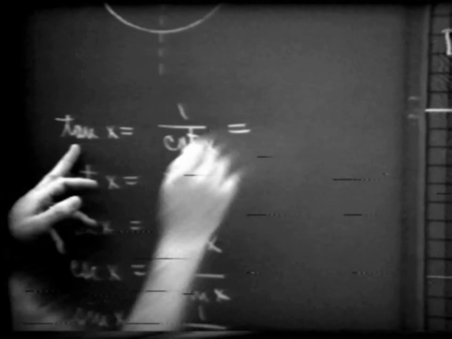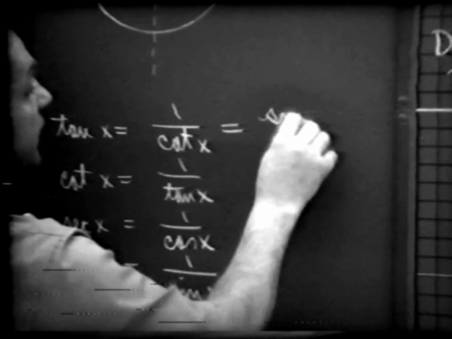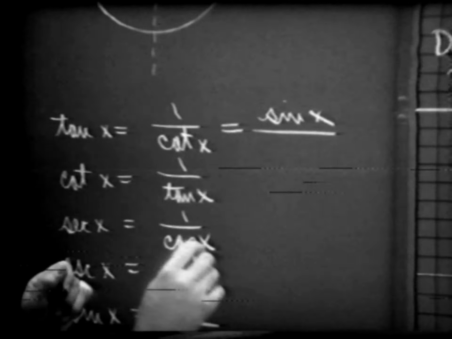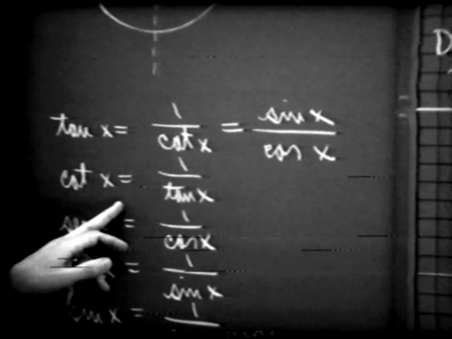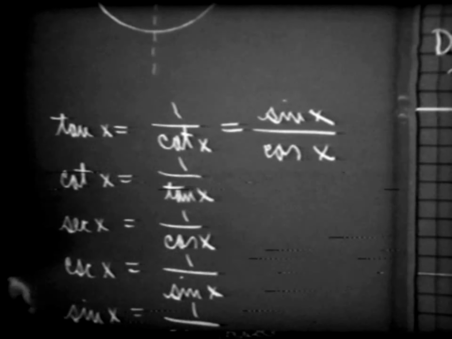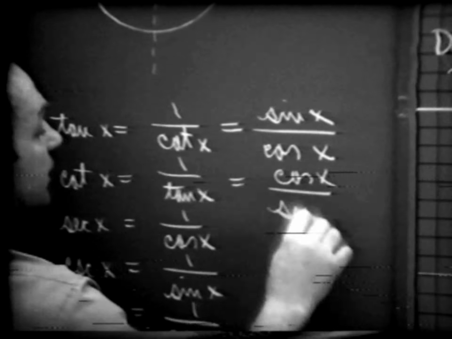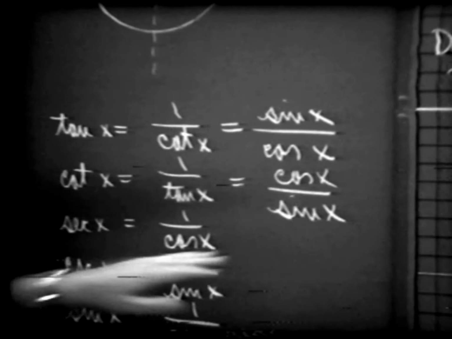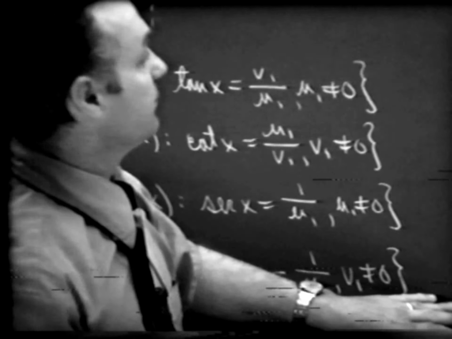Therefore, another name for the tangent of x is sine of x divided by cosine of x. Similarly, another name for the cotangent of x is cosine of x divided by the sine of x. And these two relationships also turn out to be quite significant as we continue our work in trigonometry.